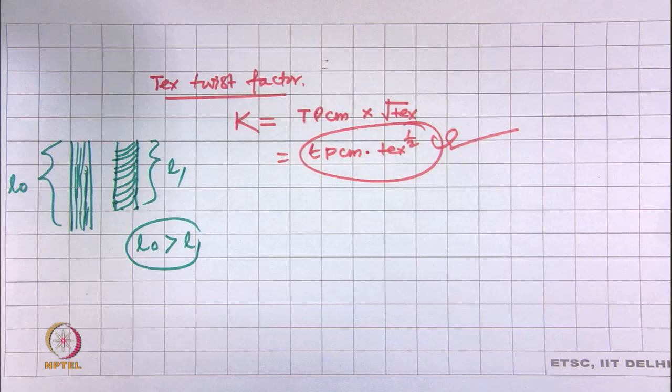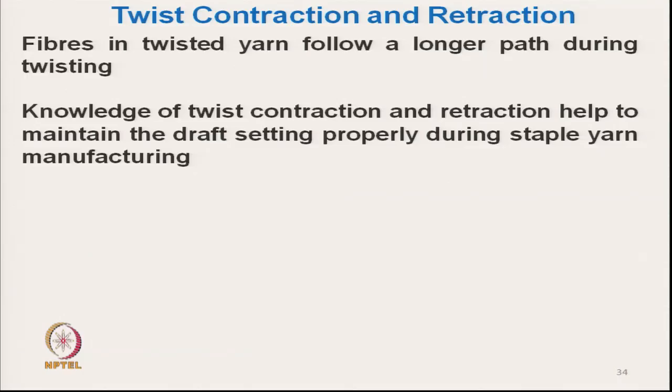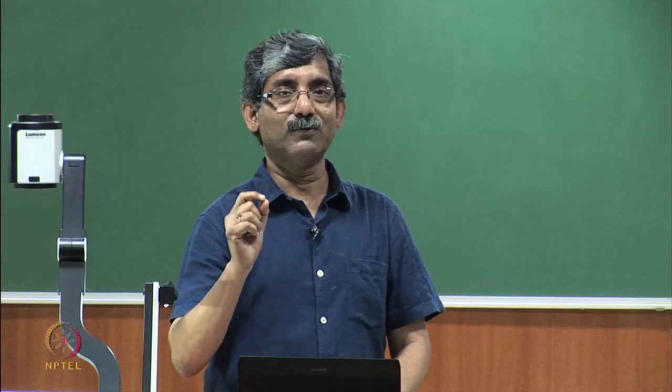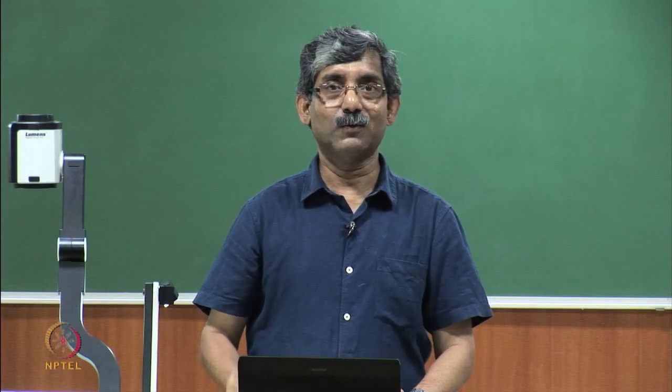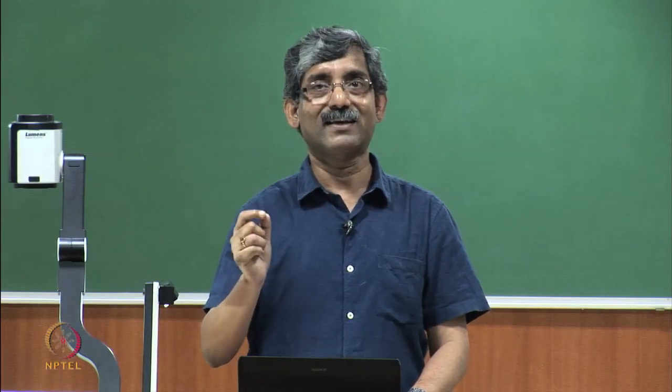The knowledge of this twist contraction and retraction helps in maintaining the draft in the spinning process properly. So, we must know the amount of contraction, at least a rough idea, so that we can properly set the draft.